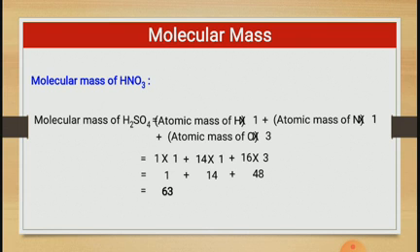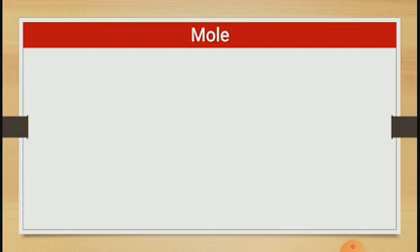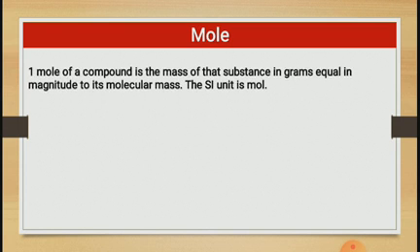Yes, students. Yes, sir. Now, next concept is mole. So what do you mean by mole? One mole of a compound is the mass of the substance in grams equal to its molecular mass, and the SI unit is mole.